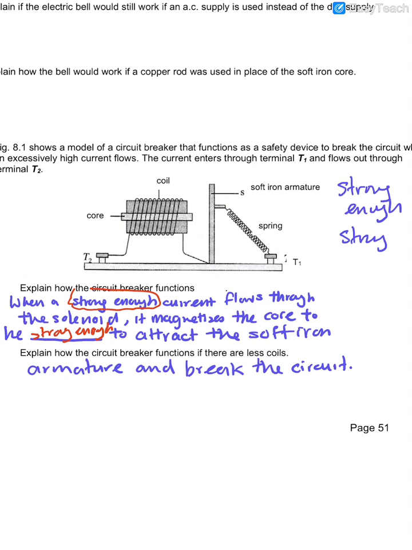Okay, look at the second part. Explain how the circuit breaker functions if there are fewer coils. So fewer coils, what does it imply? Remember, fewer means not as strong. So how does the circuit breaker work now? It will take longer to magnetize. Take longer to magnetize?